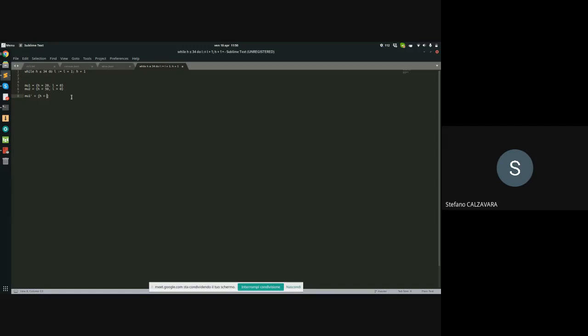So here you will get what? 34. Here you will get 34. Here you get H still 50 and L equal to 0.